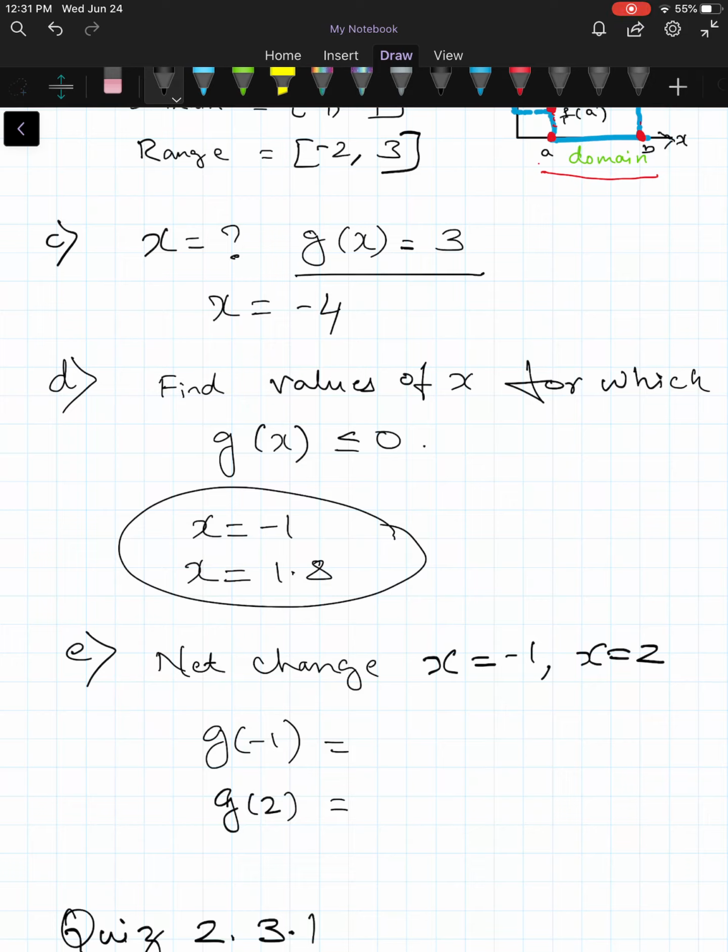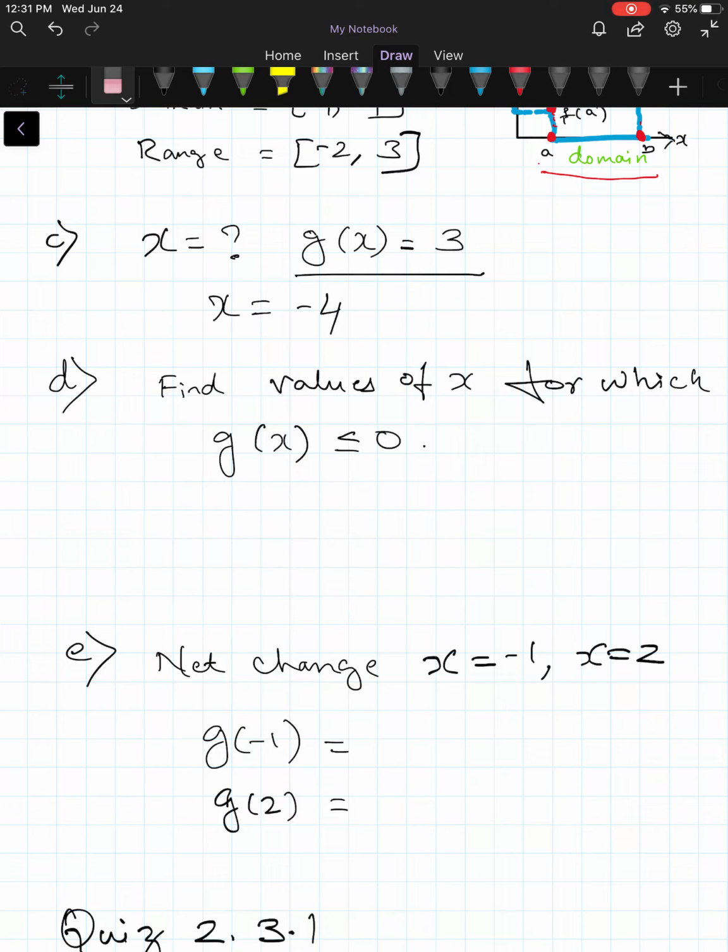So I should not be writing it like this. It is x belongs to the interval -1 comma 1.8, including -1 and 1.8, where g of x is 0 at the endpoints, so these give output values less than or equal to 0.